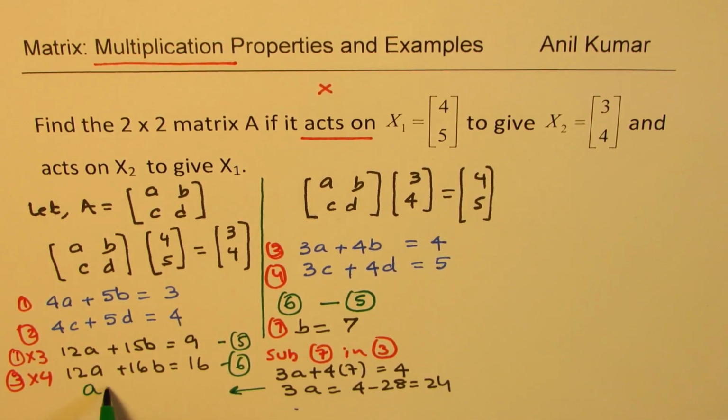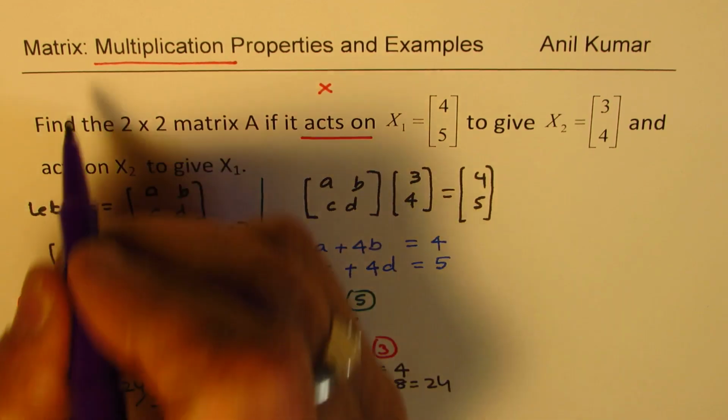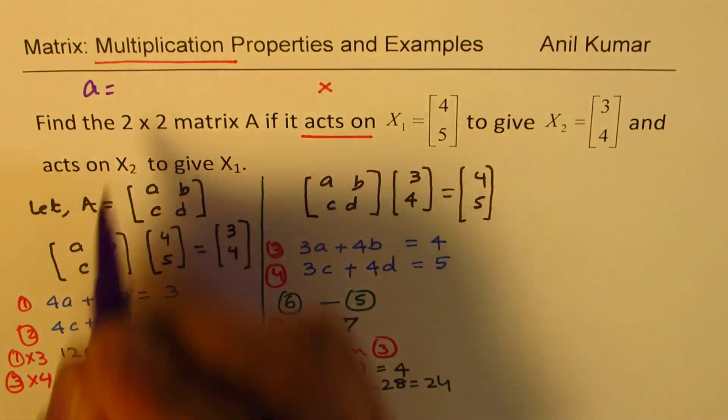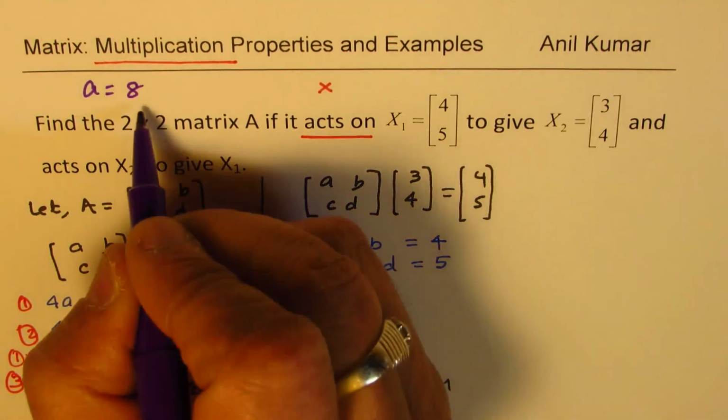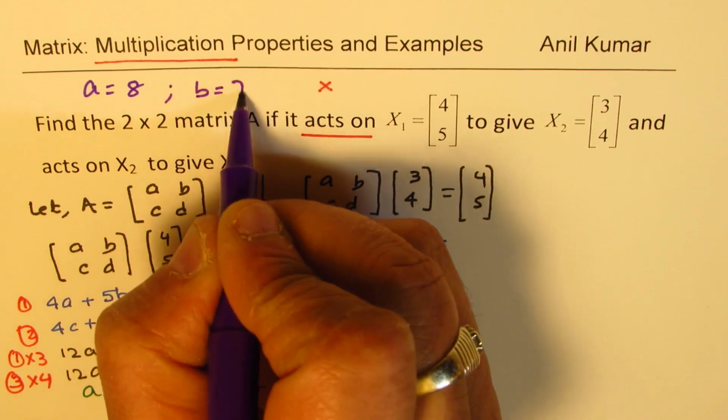So a is equal to minus 24 divided by 3, which is minus 8. So we got a as equal to minus 8, and b as equal to 7.